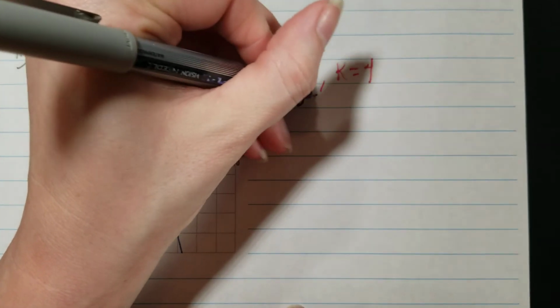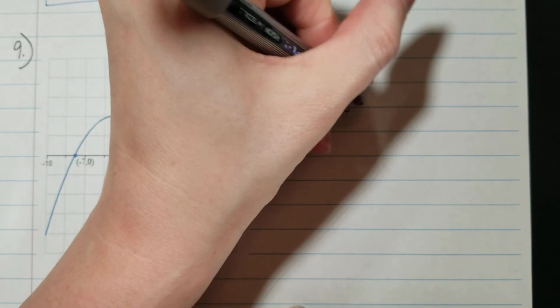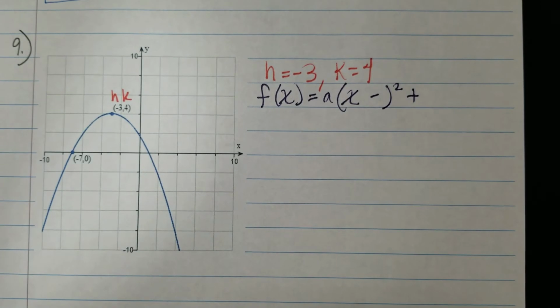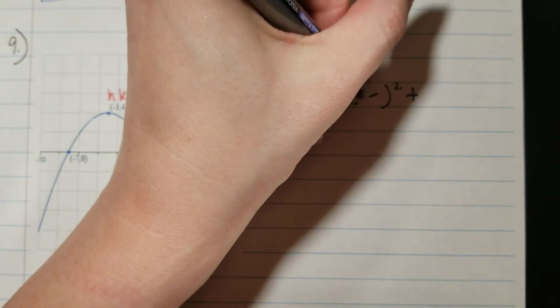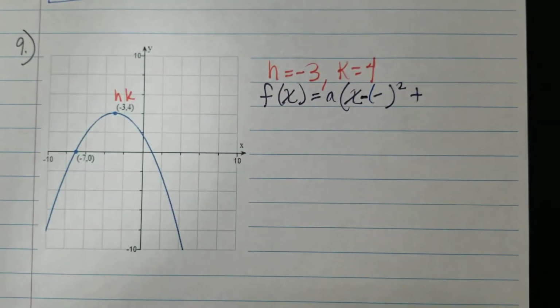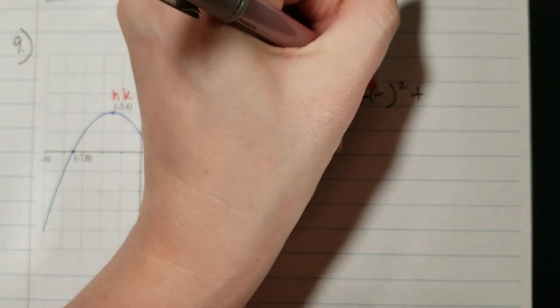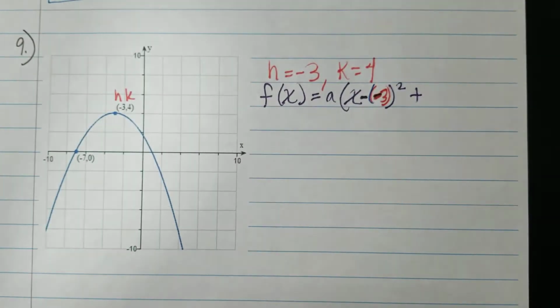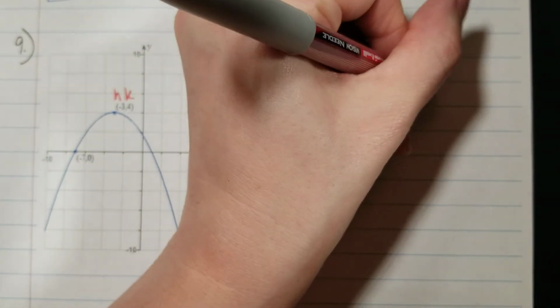So f of x equals a times x minus -3 squared plus 4.